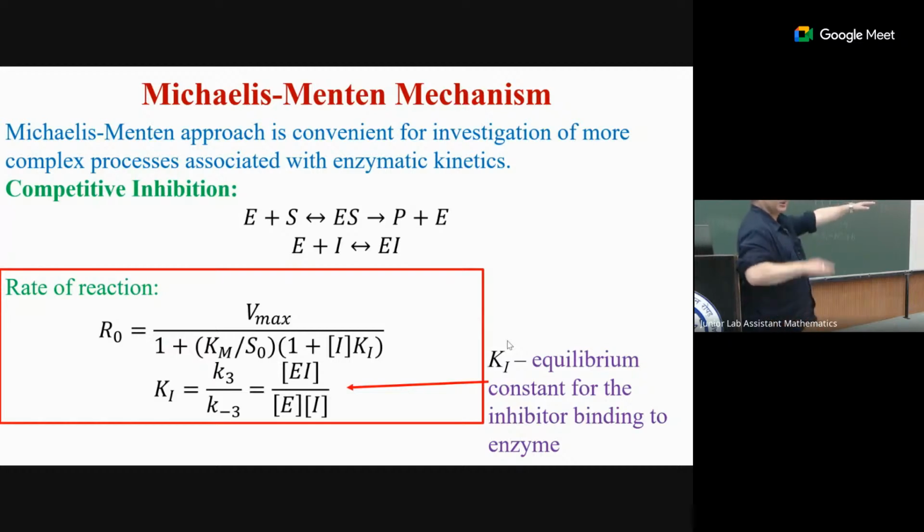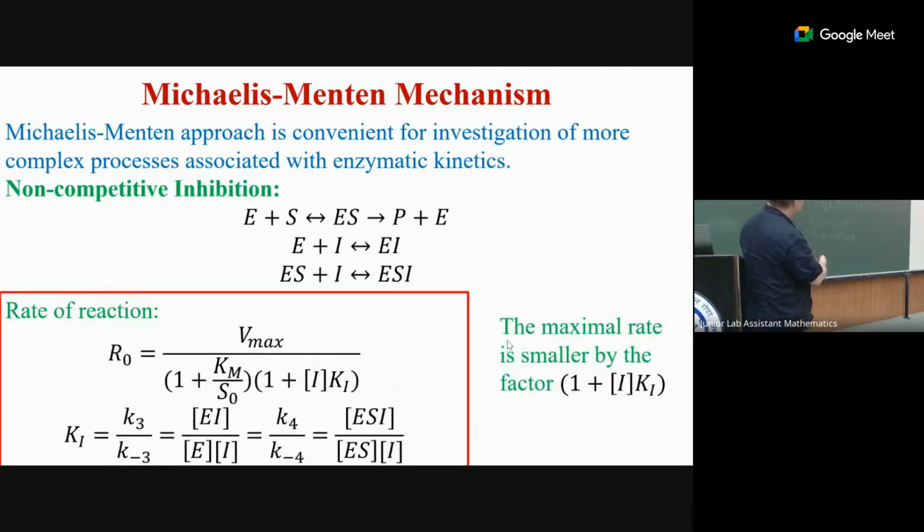It's like Mercedes or Tata, you will eventually drive to the same final point. But this formula shows you that effectively Km is Km multiplied by this factor. If you increase the concentration to infinity, you will not reach the rate Vmax. You will reach the rate Vmax divided by this factor.